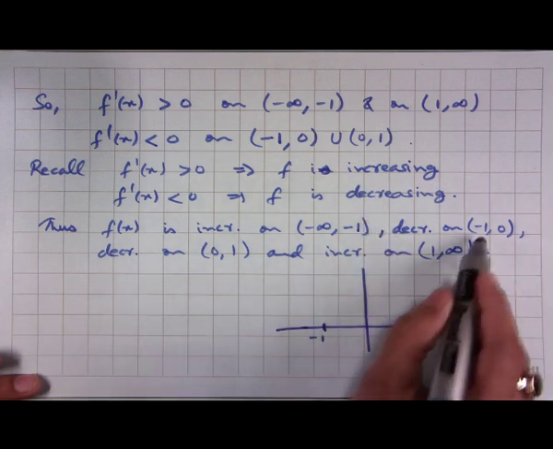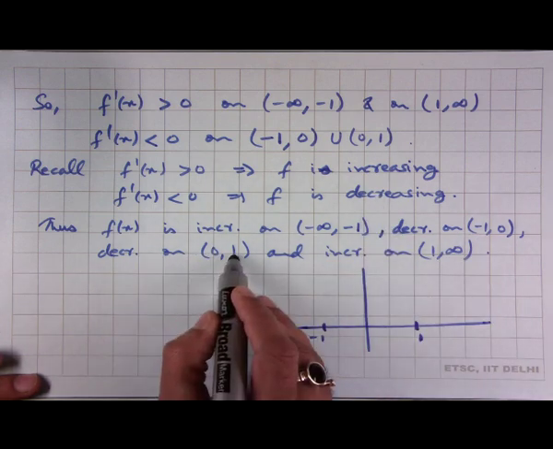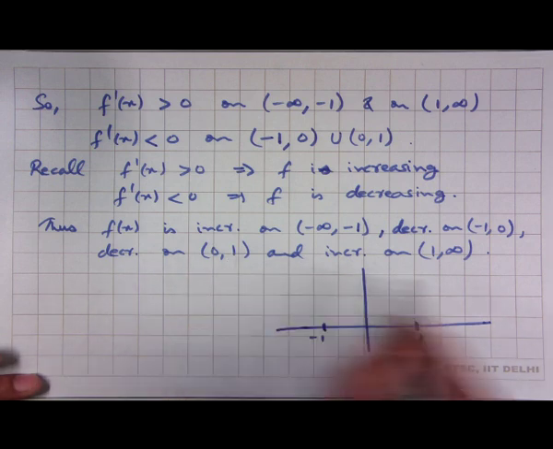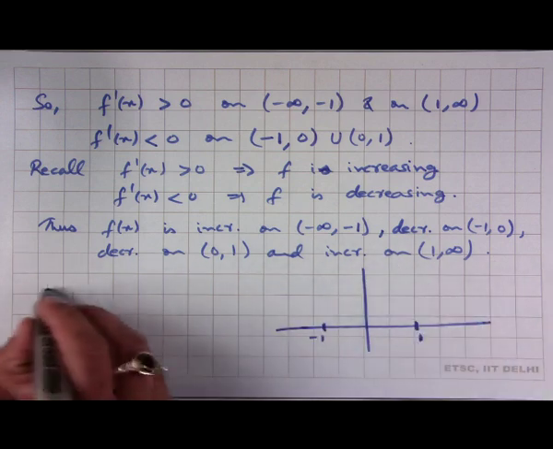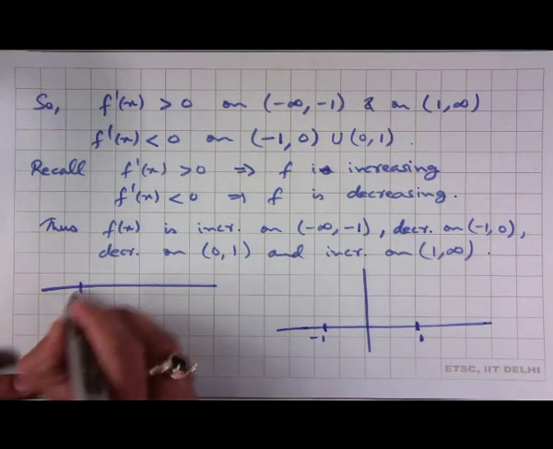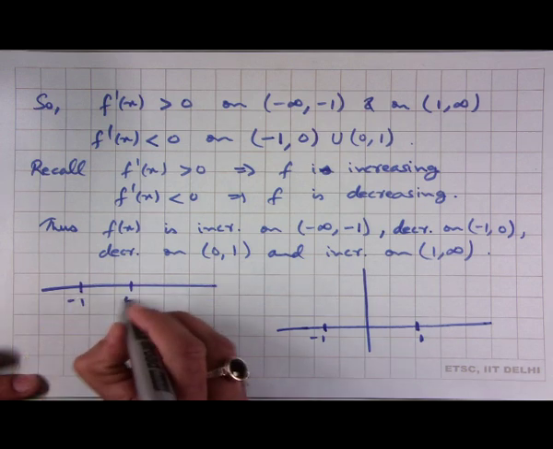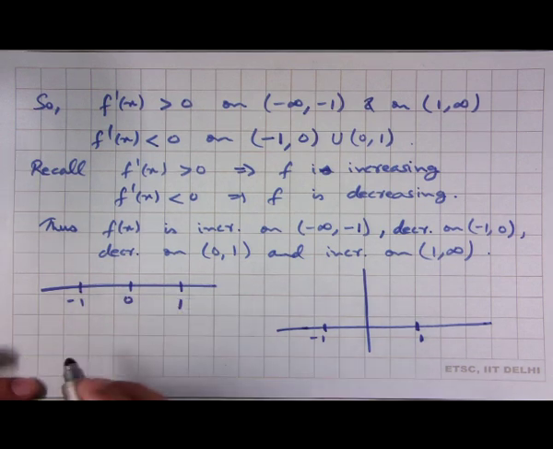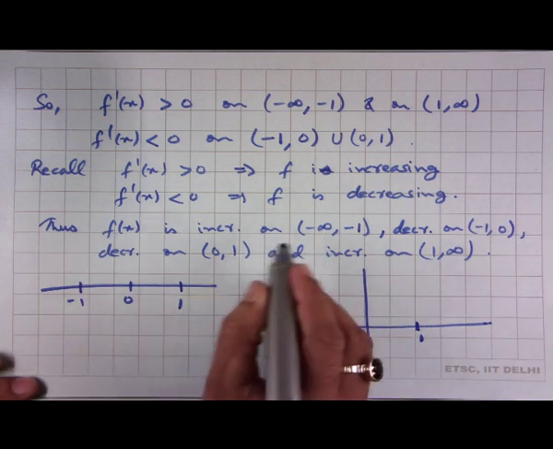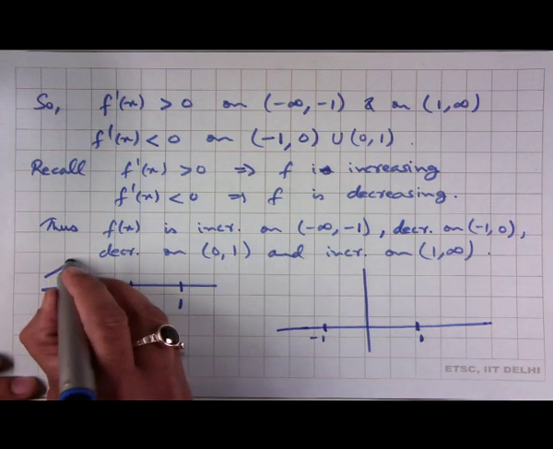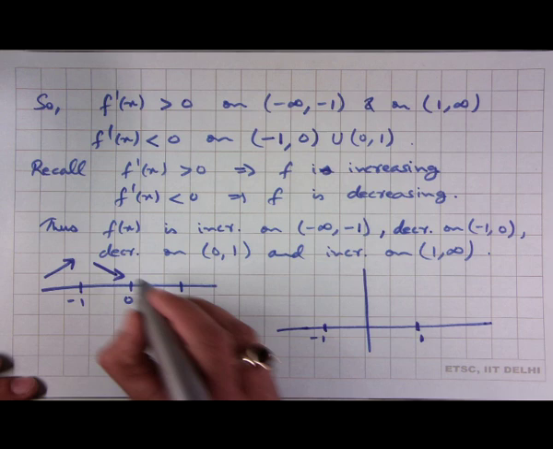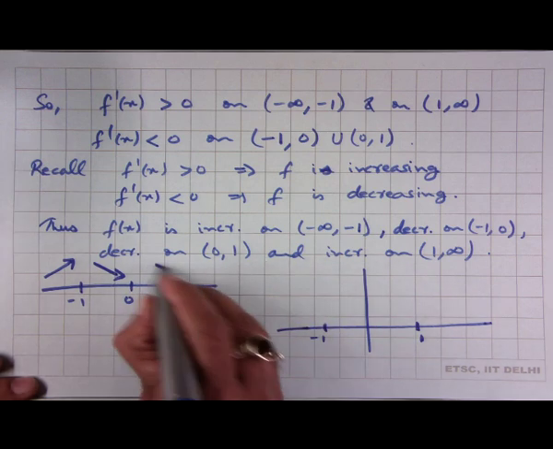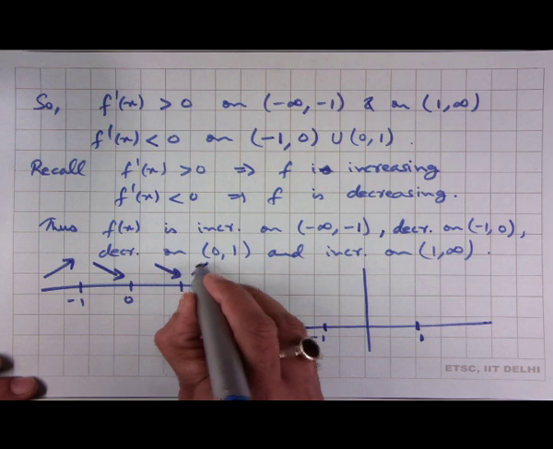So, on 0 to 1 the function is decreasing and increasing from 1 to infinity. So, this implies, let us draw this again, minus 1, 0, 1. What we have is the function is increasing in this interval, decreasing in this interval, then again it is decreasing on this interval and increasing on this.